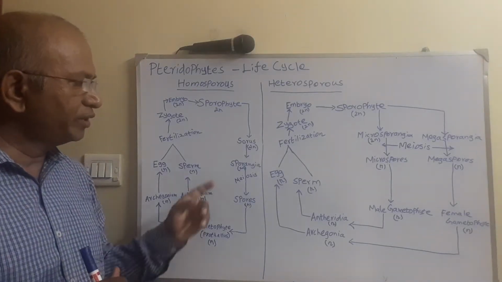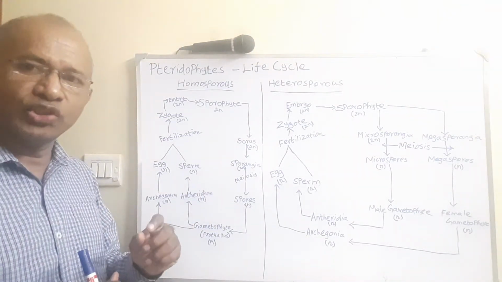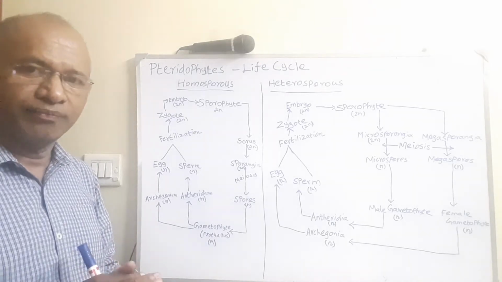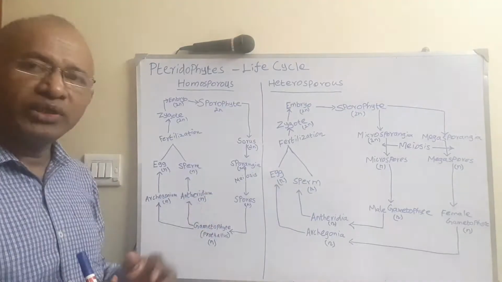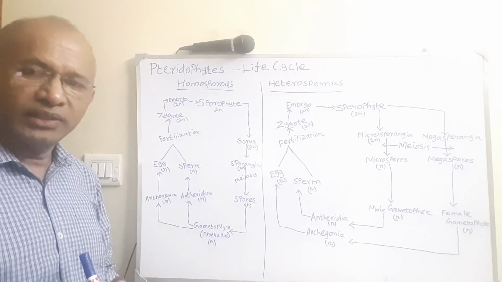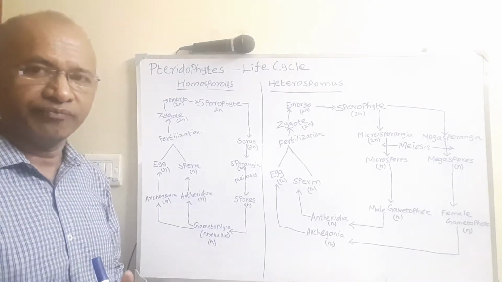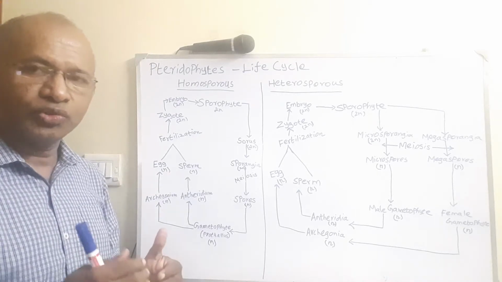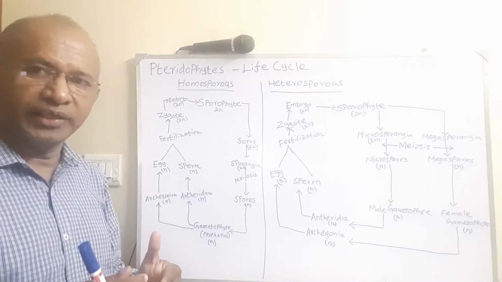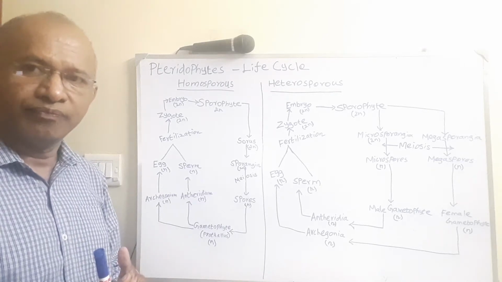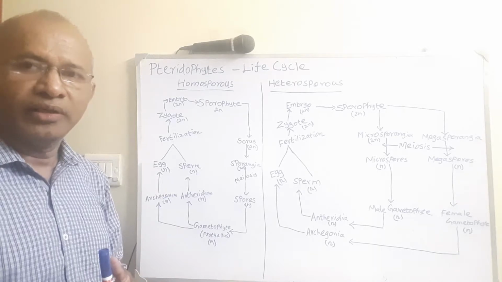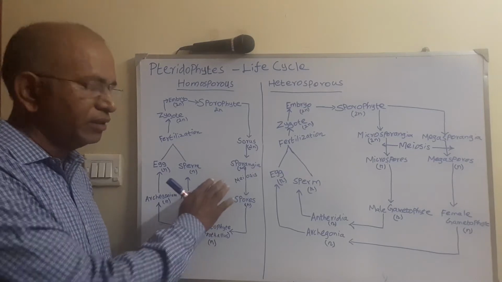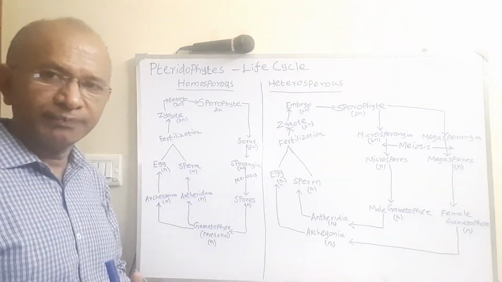So inside the sporangia, or if you take a single sporangium, when they are mature, they undergo an important cell division called meiosis. We know very well that during meiosis, the chromosome number in each cell is halved, so that we get many spores.